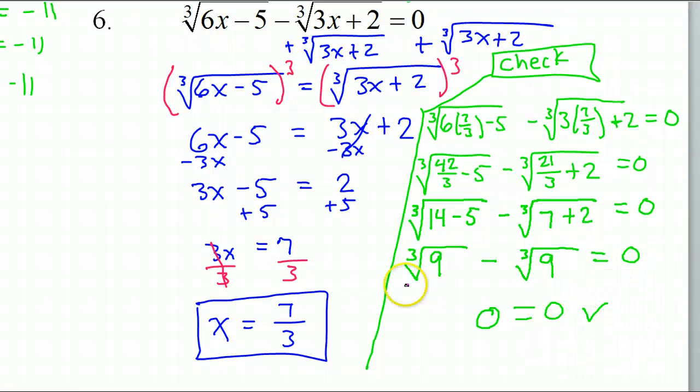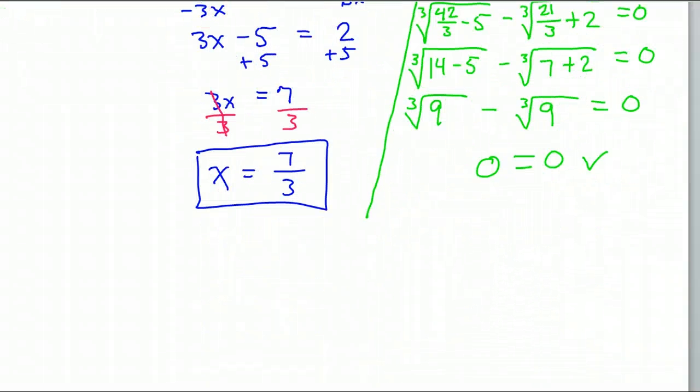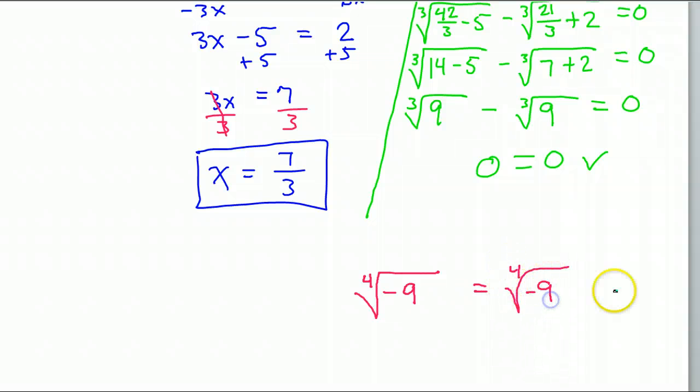Now once again, let me emphasize something to you. If this had been a negative number and an even power, this didn't happen, but let's say we wound up with something like this: the fourth root of negative 9 equals the fourth root of negative 9.